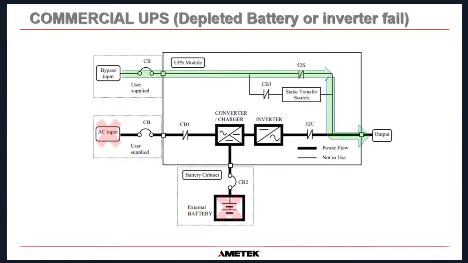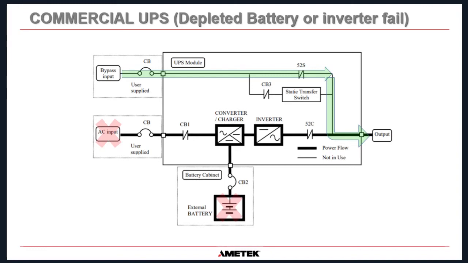There is a question that's just come in. Does this drawing show that the bypass is always connected to the output through the normally closed contactor 52S? Unfortunately, the way that the manufacturer draws this, it's not showing you the actual condition of these contactors in normal operation.